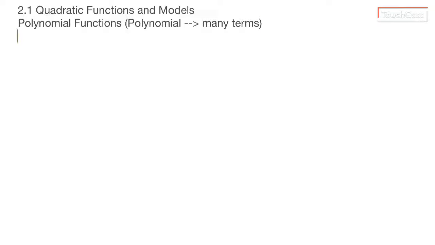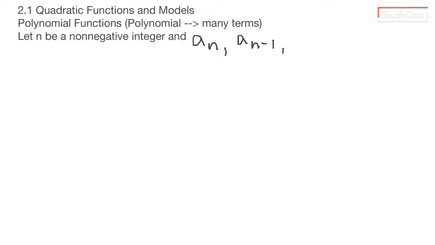So a polynomial function, we're going to let n be a non-negative, that's one word, not two, integer, and the following terms, which we write as a sub n, a sub n minus 1, a sub n minus 2, and that keeps going until we get to a2, a1, and a sub 0.